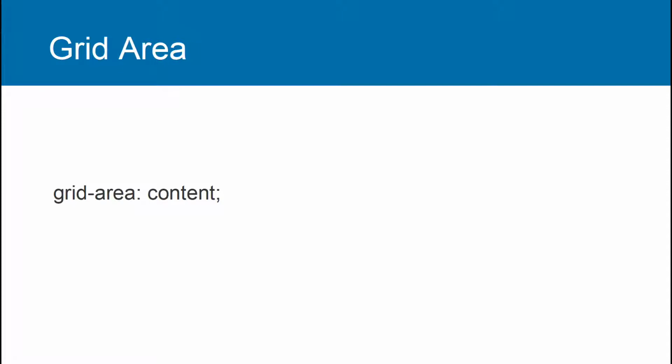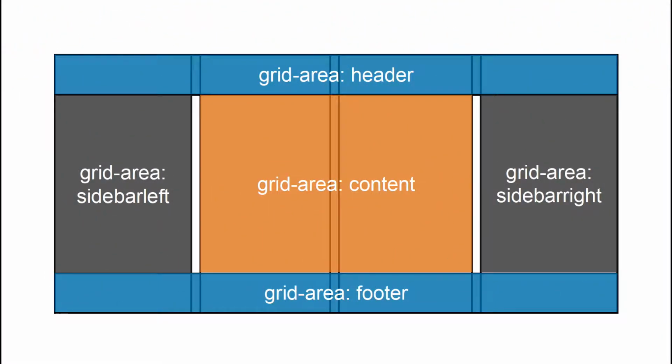So then when we actually go to place the content, we can just say grid-area: content. So it will span the entire area that we've already defined as content. In this case, the 2 columns in the middle, or actually 3 because we put that 10 pixel column just as our space.